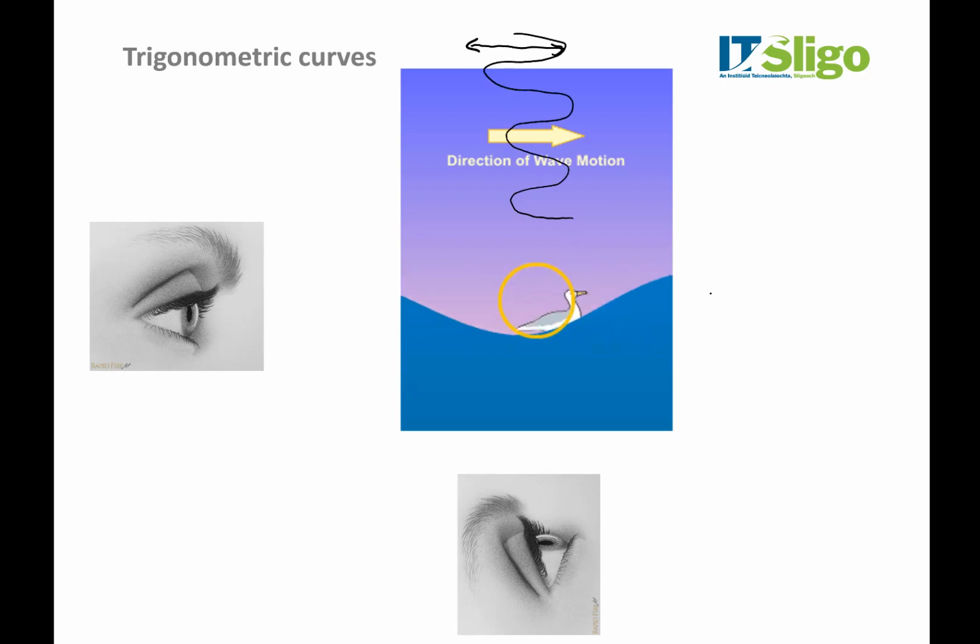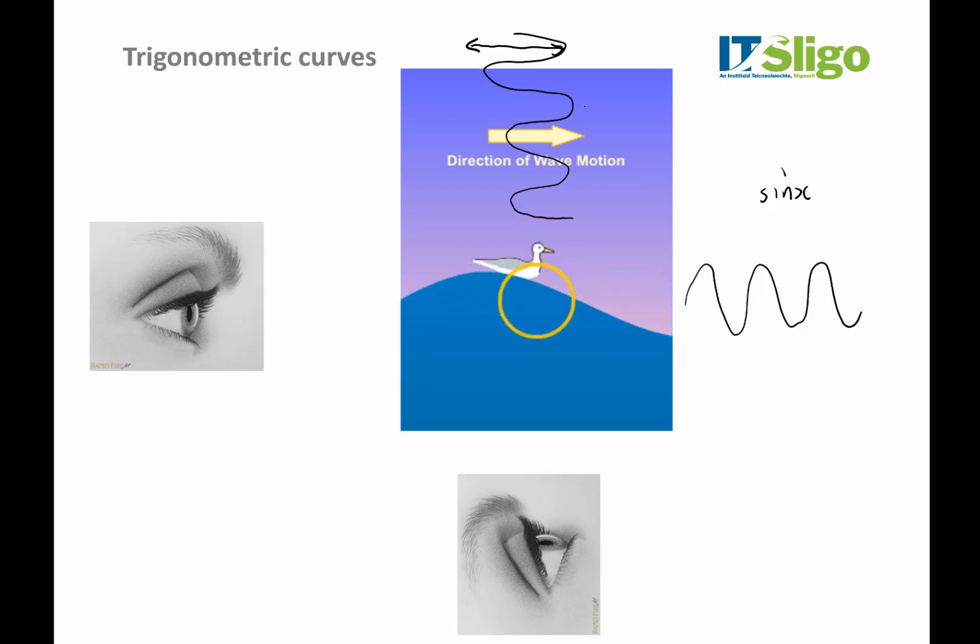So the vertical waveform is a sine wave, and we'll discuss that mathematically a little bit more. And this one here then is a cos wave, where we're looking at the horizontal motion of the bird. That's a cos function. And we're going to look at both of these and the waves they produce.